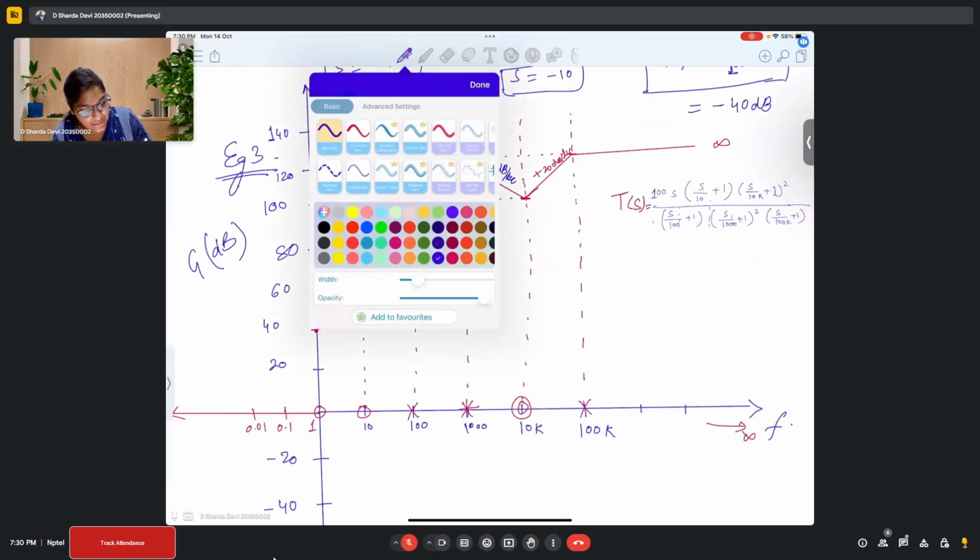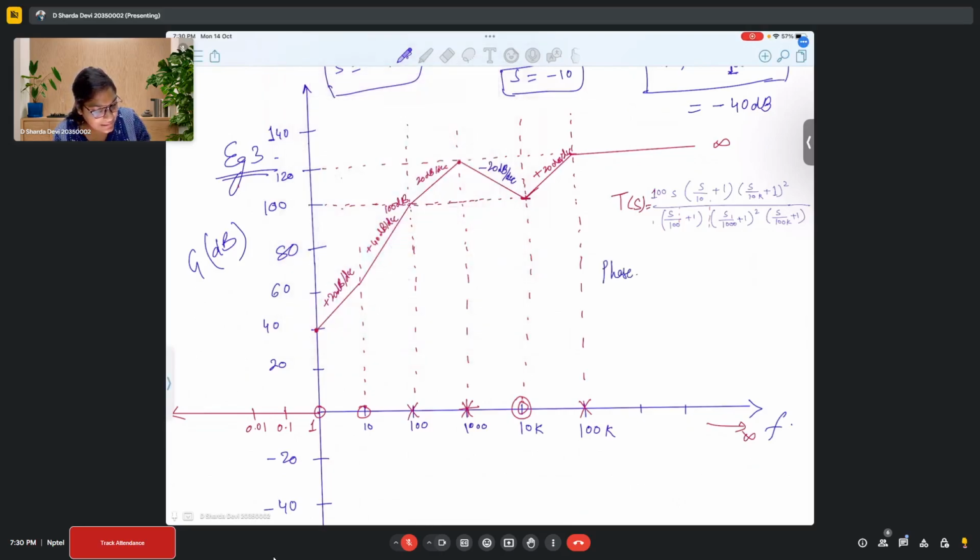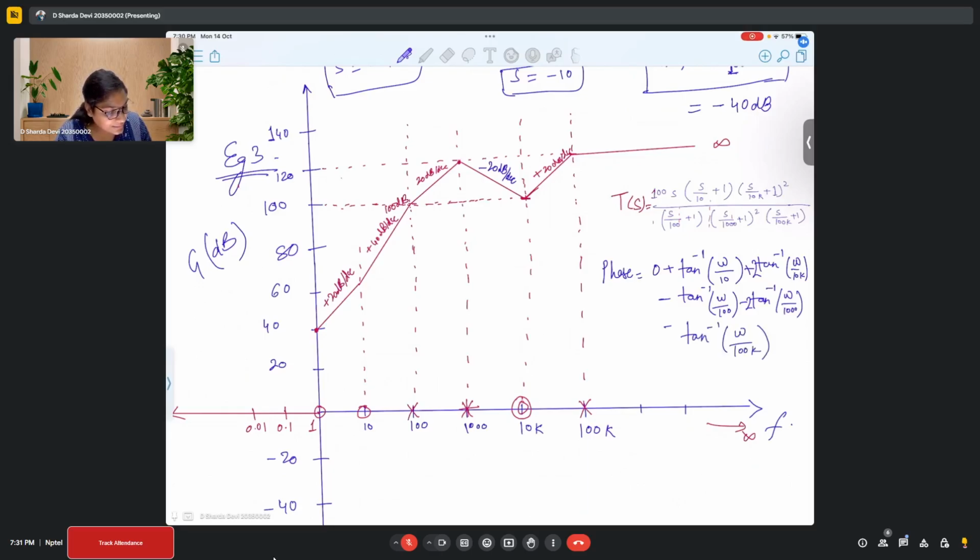Because of the zero, I will get 0 degrees plus tan inverse omega by 10, plus tan inverse omega by 10k, minus tan inverse omega by 100, minus tan inverse omega by 1000, and so on, minus tan inverse omega by 10k. This is how you would write the phase for the system, correct?